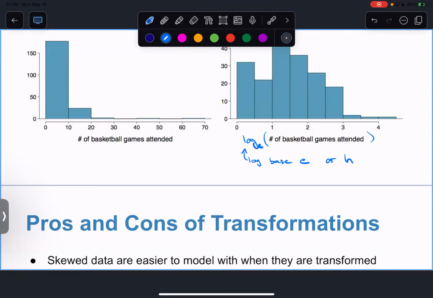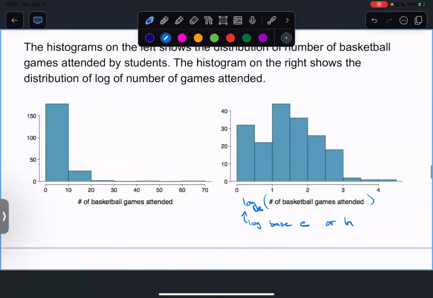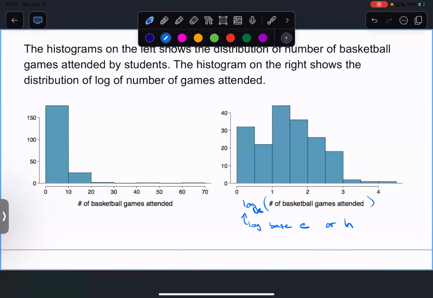It's not something that we're going to be working with, so I'm not too concerned. But what happens to the distribution? Now all of a sudden we can see better what's going on.